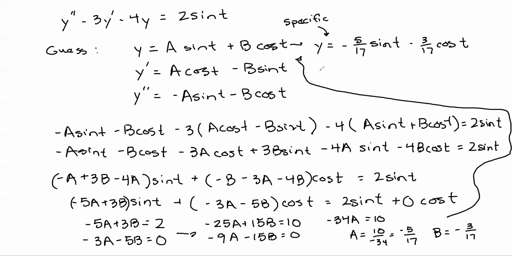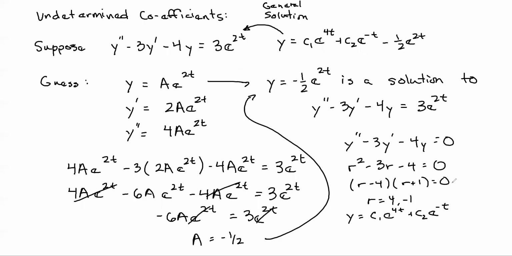Okay, and then if we wanted the general solution, what would the general solution be to this non-homogeneous equation? Well, we would take the specific and combine it with a fundamental set from the homogeneous, or with the homogeneous solution, right? So what was the homogeneous solution? It was this. And so you could just take the homogeneous solution and combine it with the specific solution.